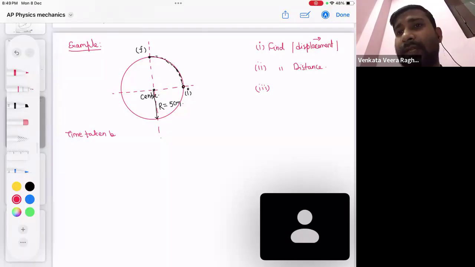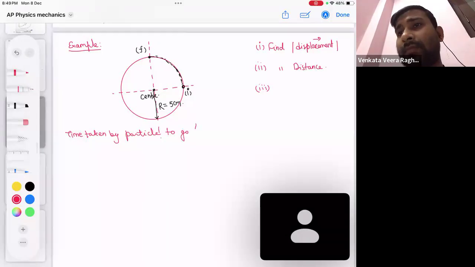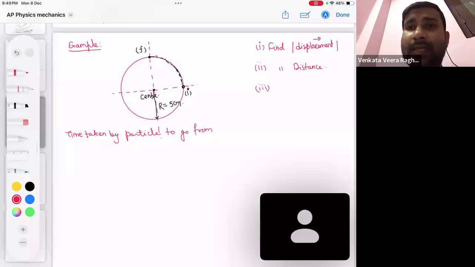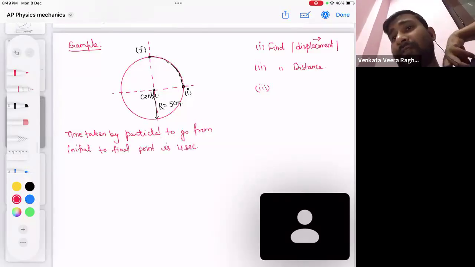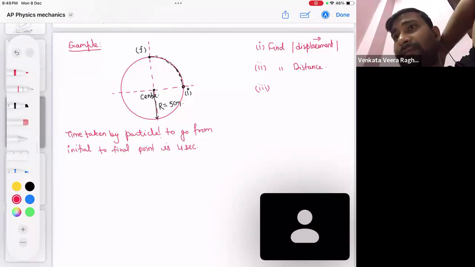Third thing, the question also gave the time taken by the particle to go from initial to final point, which is 4 seconds. How much time did the particle take to go from I to F? 4 seconds.